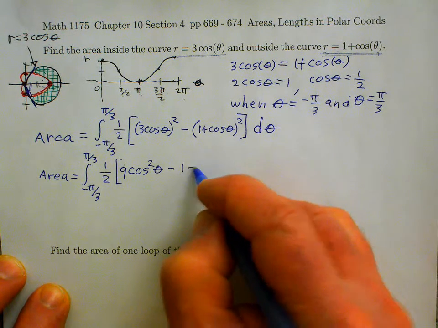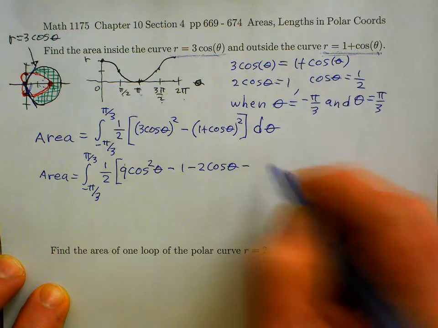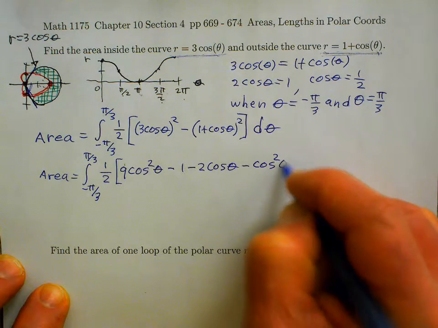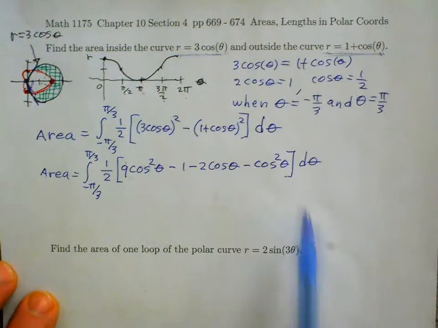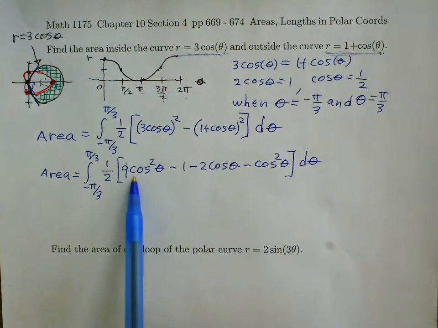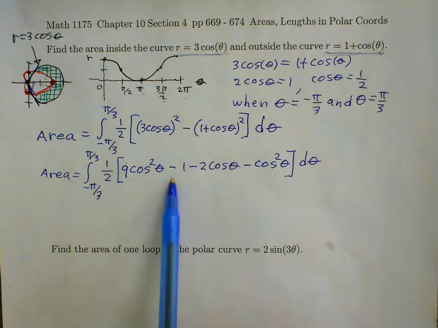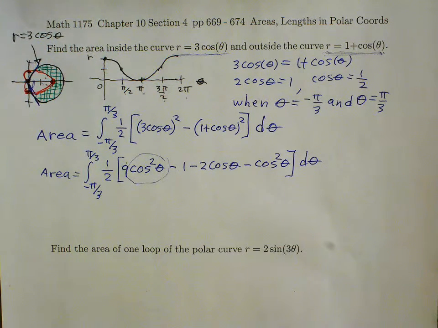We also have to subtract 2 times cosine of theta and subtract cosine of theta squared. Okay, so we can simplify this integrand more. We'll end up with 8 times cosine of theta squared minus 1 minus 2 times cosine of theta. And then when we compute the integral, we have to replace cosine of theta squared with 1/2 plus 1/2 cosine of 2 theta again. Okay, but this is the setup for that one.